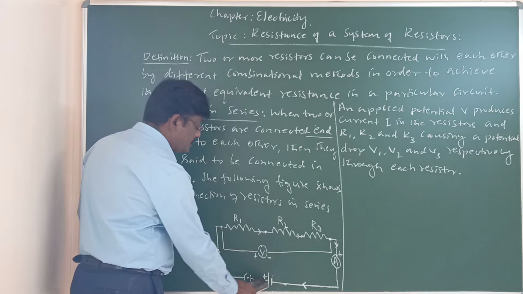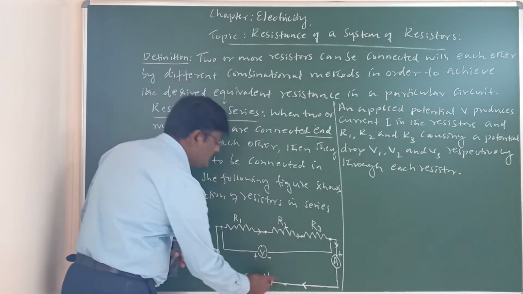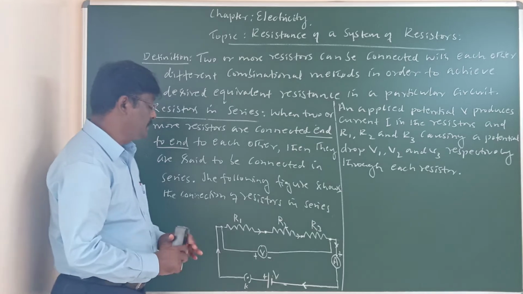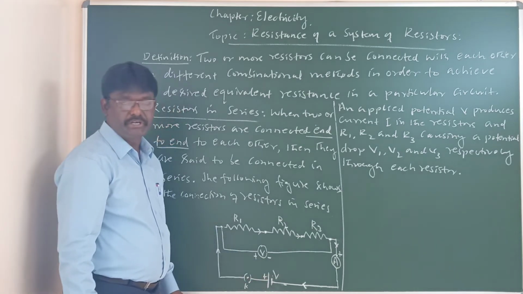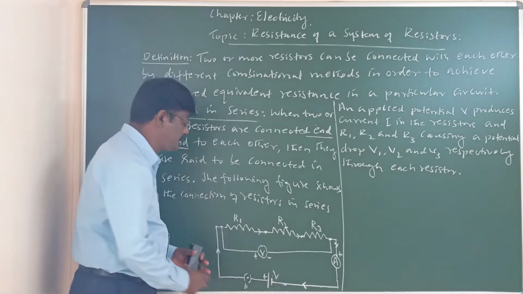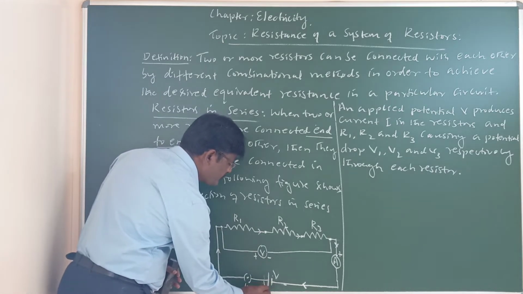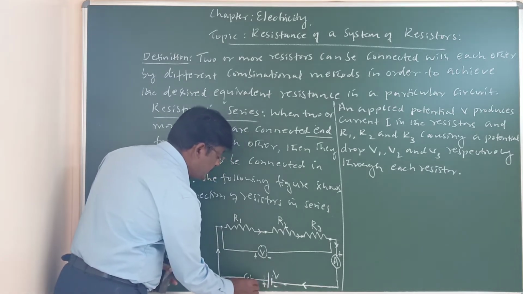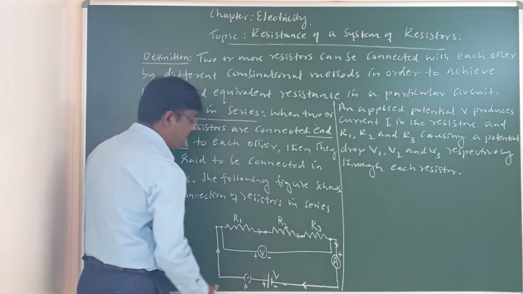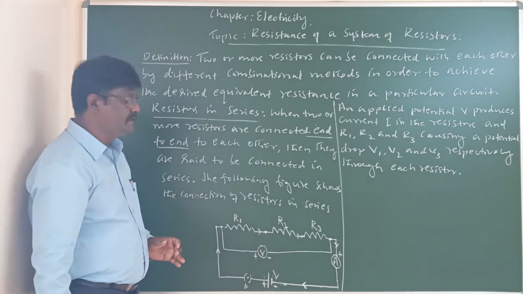That voltmeter is connected from this end to that end. Next, a cell or a battery that gives definite potential difference V, and this is plus and minus. Plug key, then connecting wires. This completes resistors in series.